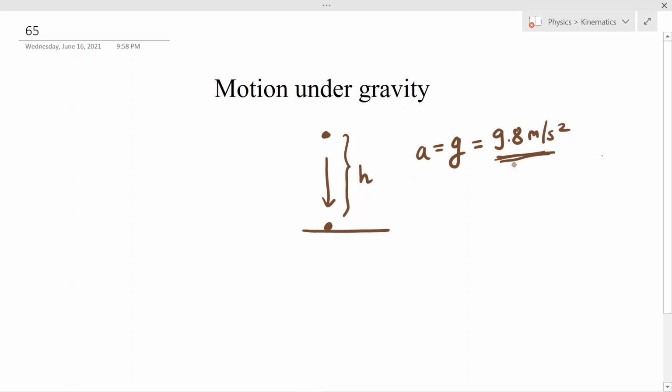Now this acceleration's value can sometimes be taken as 10 meter per second square. In order to make some problems simple, we can use g to be 10 meter per second square. Now if I consider this falling body and neglect the air resistance, then we can denote this body as a freely falling body.